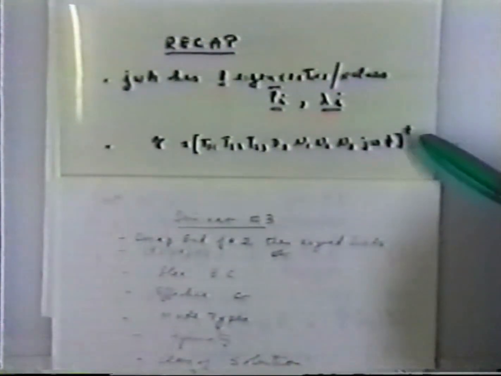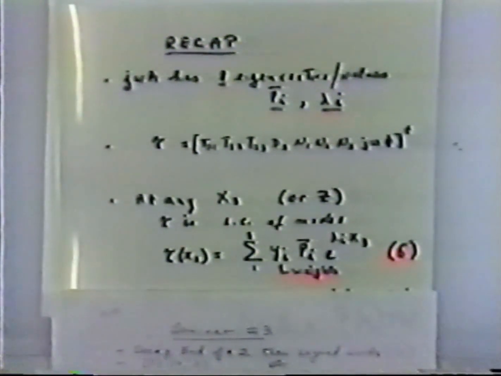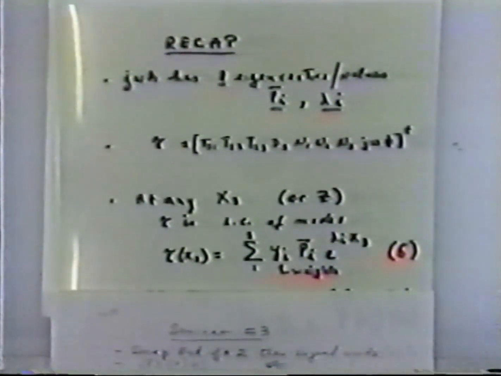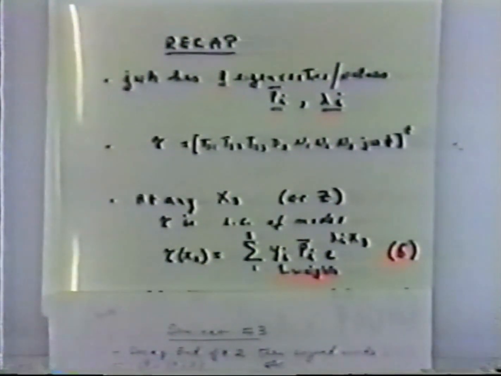And just to refresh your minds, I've listed them again in their order. The superscript T just means that it's in transpose. Normally this is a column vector. What we saw, which is important, is that at any depth, with respect to the free surface or interfaces, the vector tau can always be written as a linear combination of the modes.